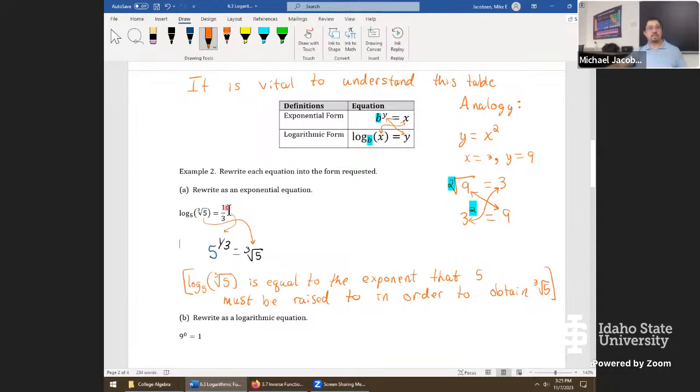But once we took the logarithmic equation and put it into its exponential form, if you know that this equation is true, the prior equation up above has to be true. And if you already knew the top equation was true, so is the bottom one. These are both considered equivalent forms, two equivalent ways to look at the same exact information. So that's a decent comment to make right here. These are equivalent forms.